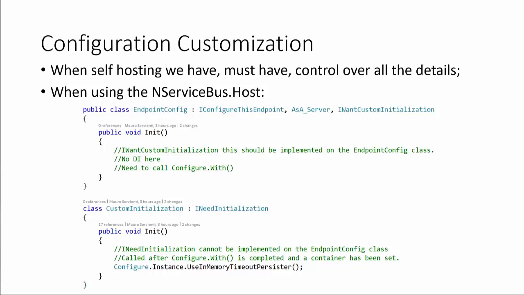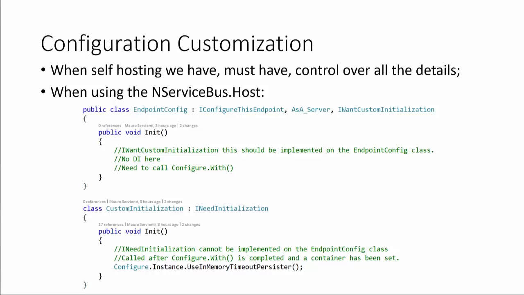In order to have control over the configuration and customize part of it, we have basically two different approaches. We can implement on the endpoint config class the IWantCustomInitialization interface that requires us to define a void Init method. The complex thing, from a certain point of view, is that the IWantCustomInitialization interface should be implemented on the endpoint class.